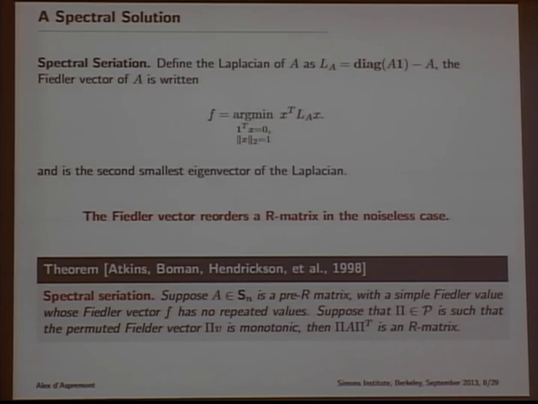So you're given A up to a random permutation, you compute its Fiedler vector, so the vector you use in spectral clustering, for example. You look at the order in the variables, you reorder them, and then you use the same order to reorder the matrix, and voila, it's in R format. So it has this nice serial structure. And it solves, in particular, the C1P problem, if you look at the squared matrix, okay?